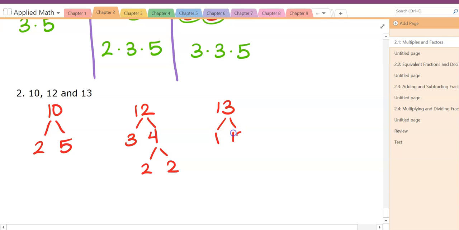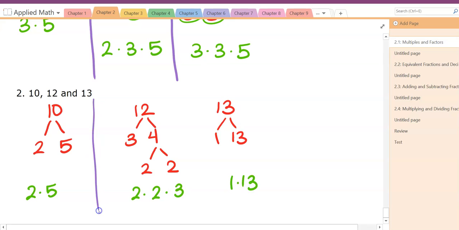So it'd be like 1 and 13, which really doesn't do a whole lot for us. So if I look here, I've got 2 times 5, 2 times 2 times 3, 1 times 13. I don't see any right off the bat of numbers that they share. Do you?